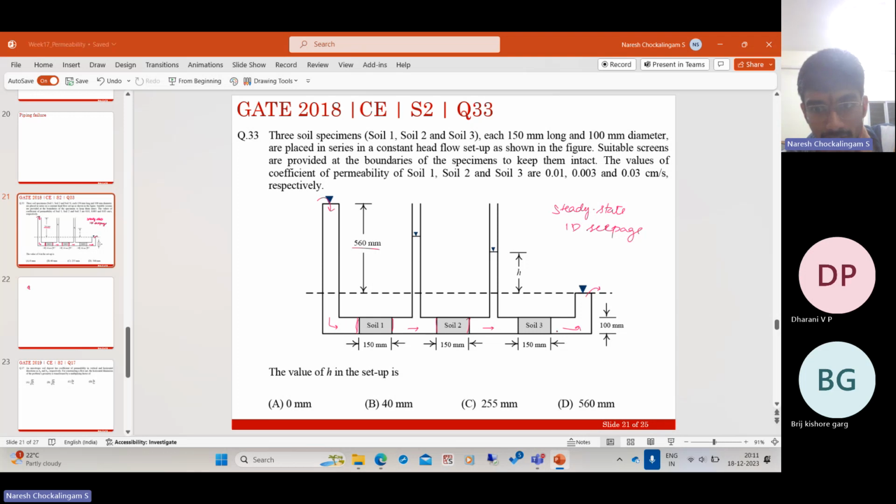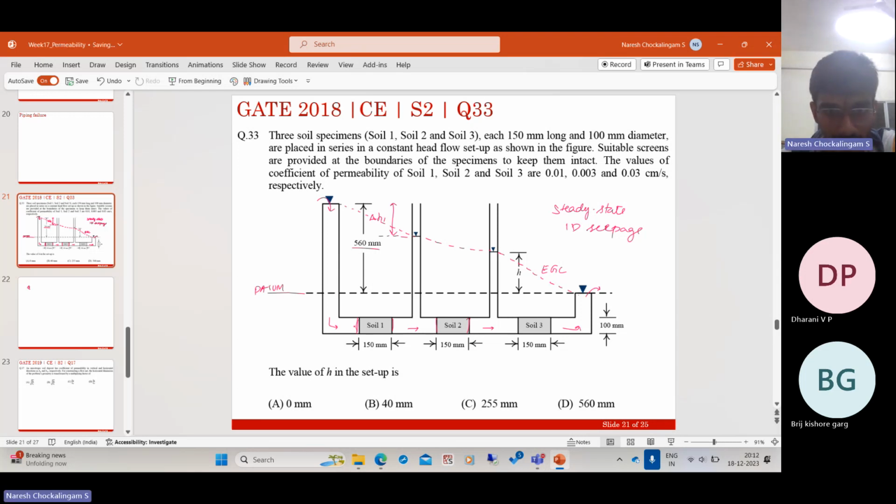Here there is no head loss. Here there is no head loss. Now let this difference be H1. There is some loss. So if you draw, basically this shows the energy grade line. You remember this is the energy grade line. You can choose the datum wherever you want. Maybe this dotted line can serve as the datum.